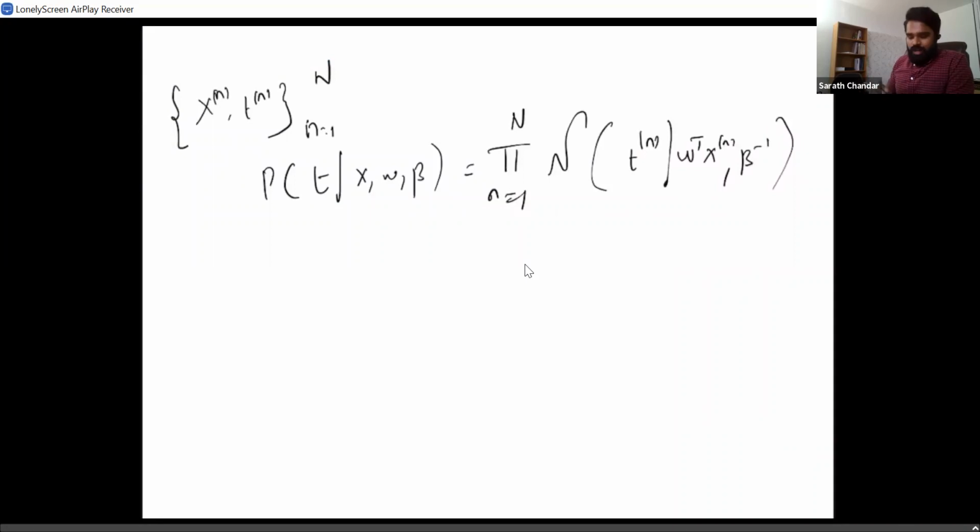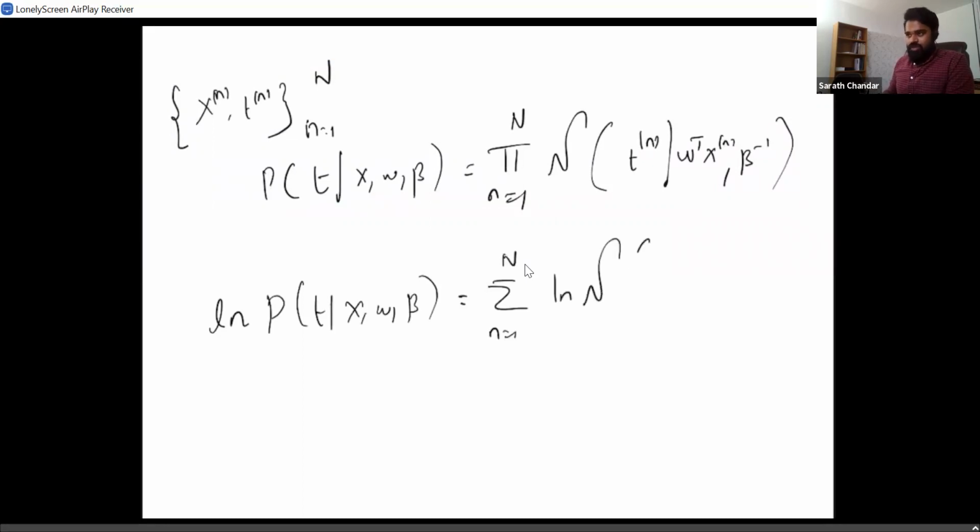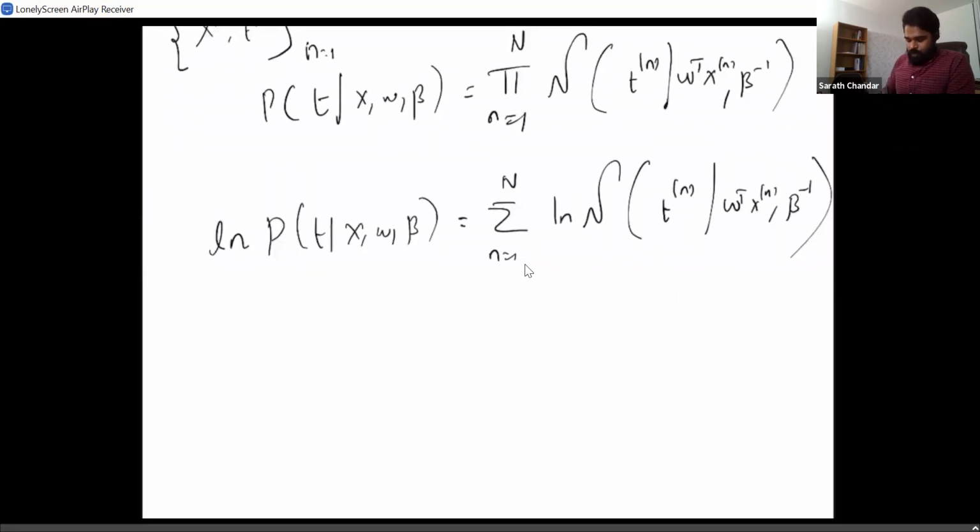Now we can compute the log likelihood. So ln p of t given x, w, beta is given by, the product becomes summation, so summation over n equal to 1 to capital N of ln Gaussian. You know the PDF of the Gaussian distribution, right? The mean mu is given by w transpose x and the variance is given by beta inverse.